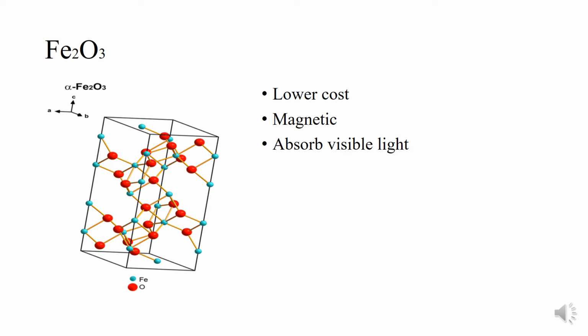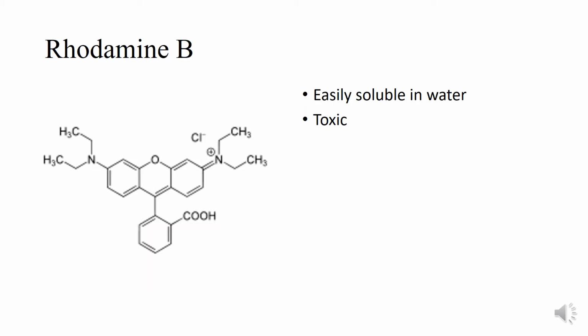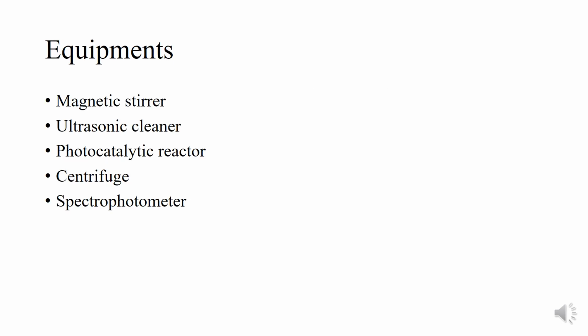Moreover, it is magnetic and easy to recycle. The dye used in the experiment is rhodamine B, which is a toxic organic dye, and the next slide shows the equipment. The experimental equipment are a magnetic stirrer, ultrasonic cleaner, photocatalytic reactor, centrifuge, and spectrophotometer.